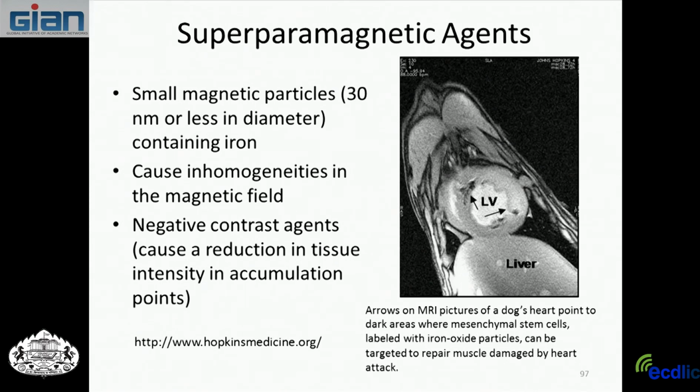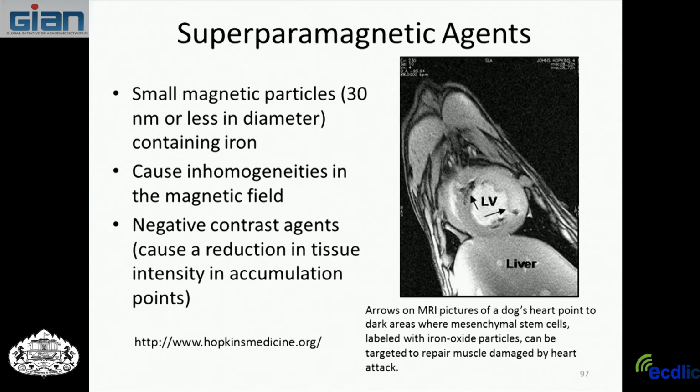The arrows on this MRI are showing a dog's heart and where there are stem cells located. One thing that's really cool that they can do with these is label stem cells with these iron nanoparticles and then inject the stem cells.